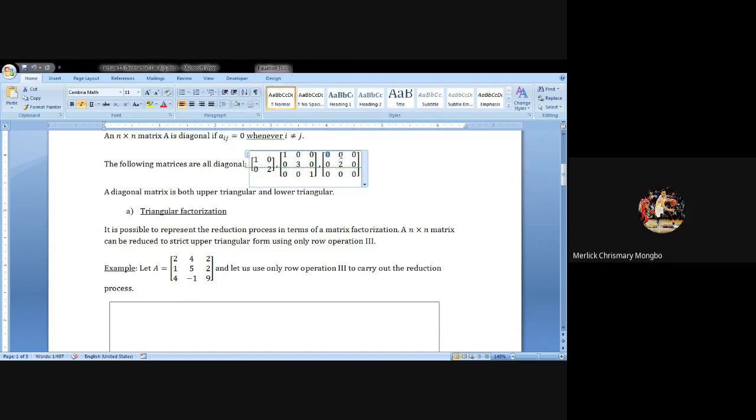And if they are equal, maybe they should be otherwise. No, if they are equal, it's irrelevant to the definition. The fact that they are equal does not have any effect. What is important is the fact that whenever i is not equal to j, the entry is zero.